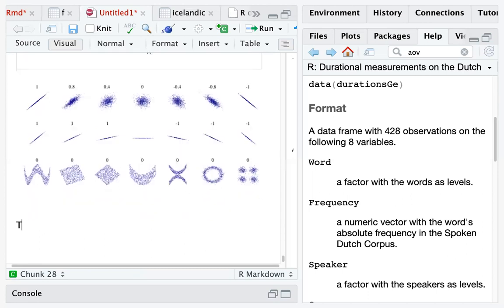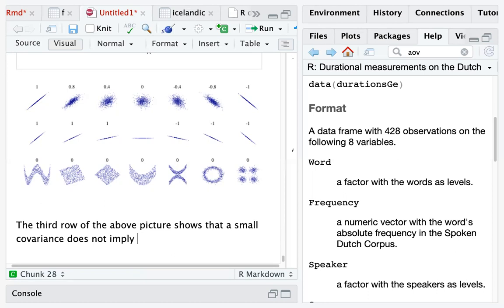So the third row of the above picture shows that a small covariance does not imply independence.